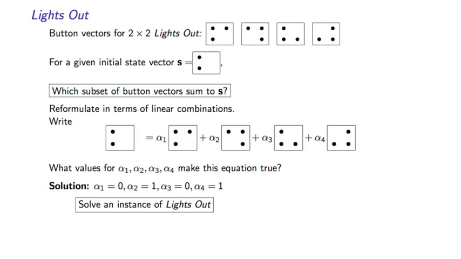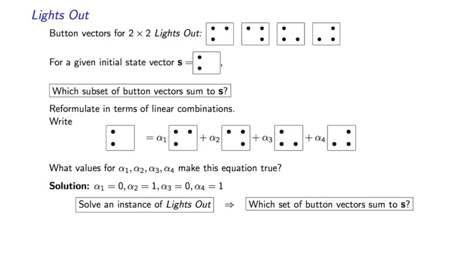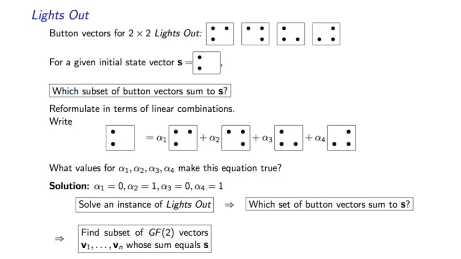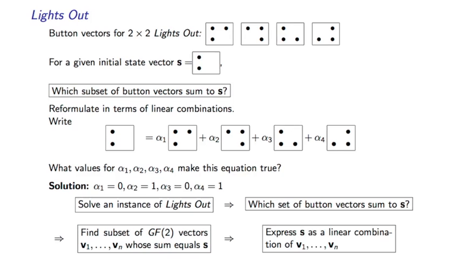We know that solving an instance of lights out can be transformed into the question of which set of button vectors add up to the target state S. A more general version of that is, given vectors v1 through vn, which subset of those vectors sums to a vector S? And we see that this question can be reformulated as the question of how to express S as a linear combination of v1 through vn.